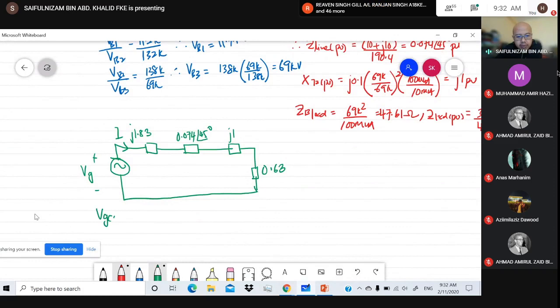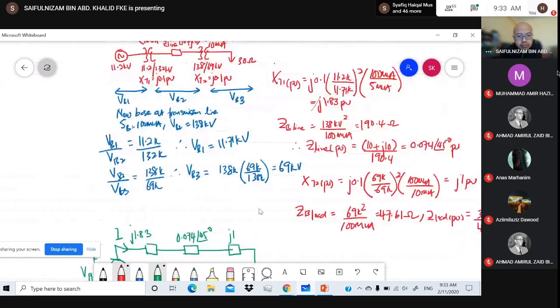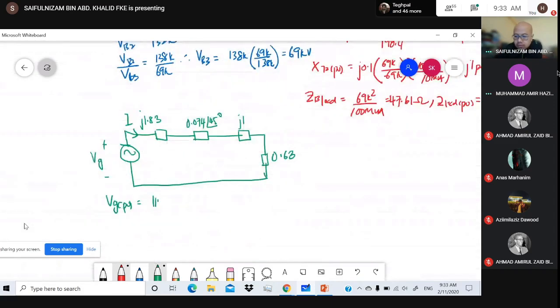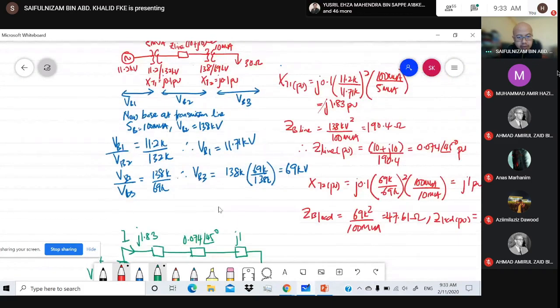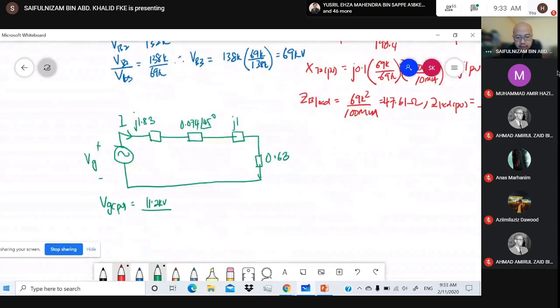So how to find the VG in per unit? VG in per unit equals the actual value, 11.2 kV, divided by the base value, 11.71.